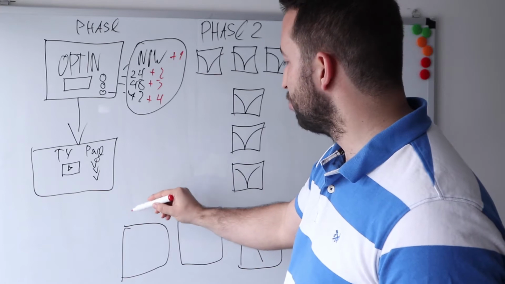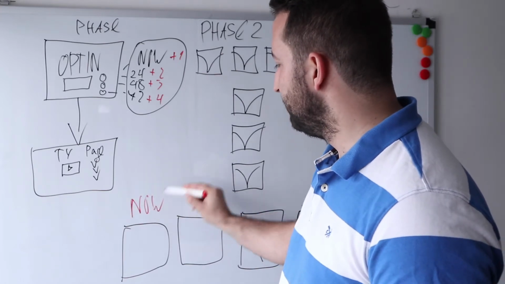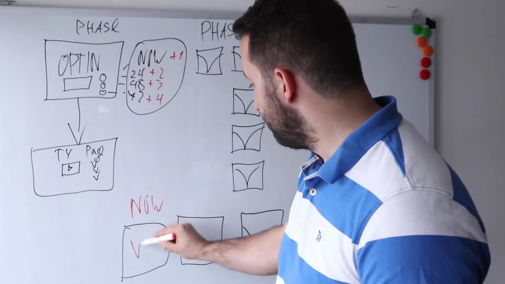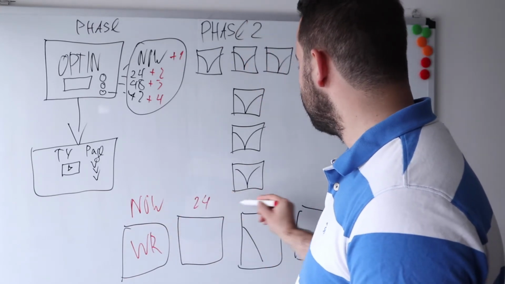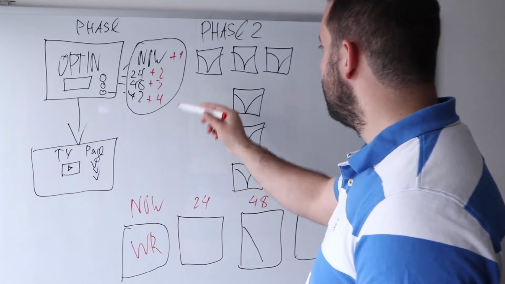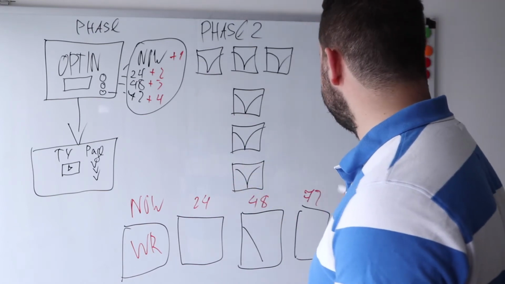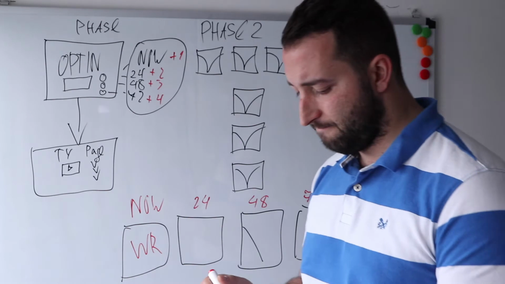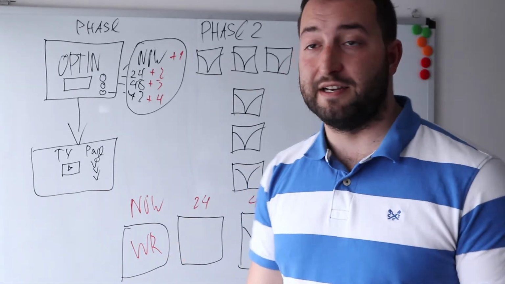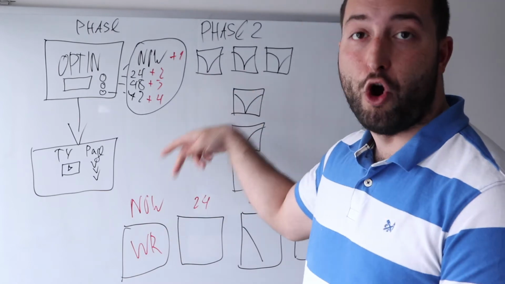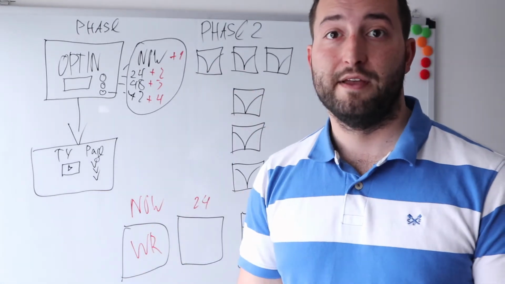These are called waiting rooms. We've got 1 for now, 1 for 24 hours, 1 for 48 hours, and 1 for 72 hours. These waiting rooms are basically the page that they need to be on so they can watch the webinar.